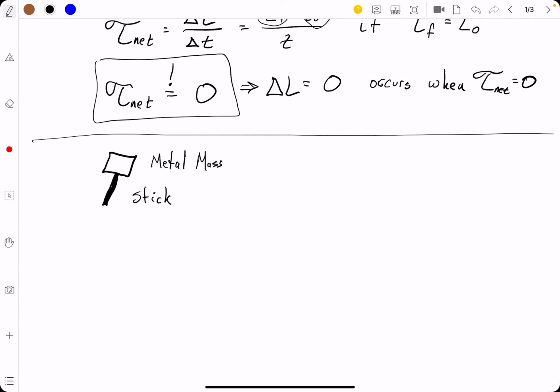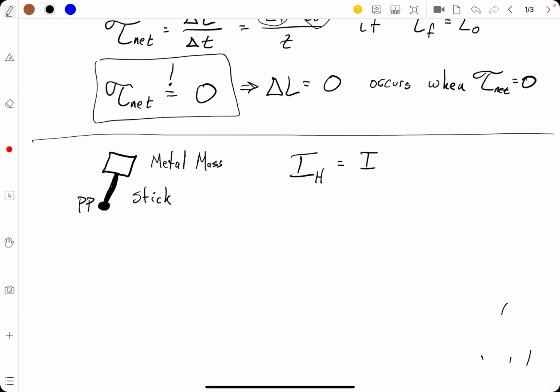So we've got this metal mass and the stick, and fabulous, good for us. What is the moment of inertia for this thing? Well, you can say for the whole hammer, that's really the moment of inertia. Of course, it's spinning around this pivot point down at the end.